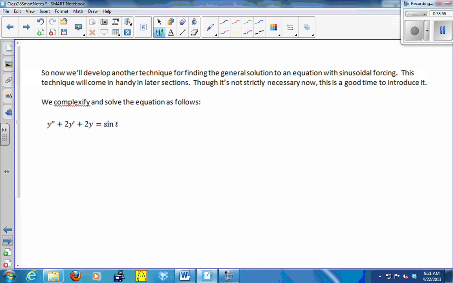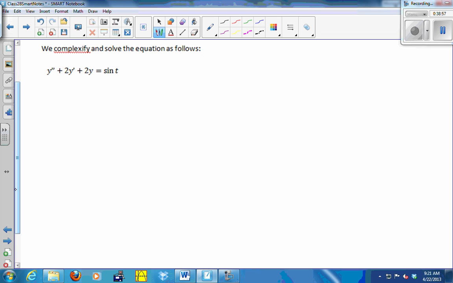So here's the technique. This is going to seem random at first, but it's going to lead us to, oh, that's pretty handy. In this differential equation, replace the sine t with an e to the it.